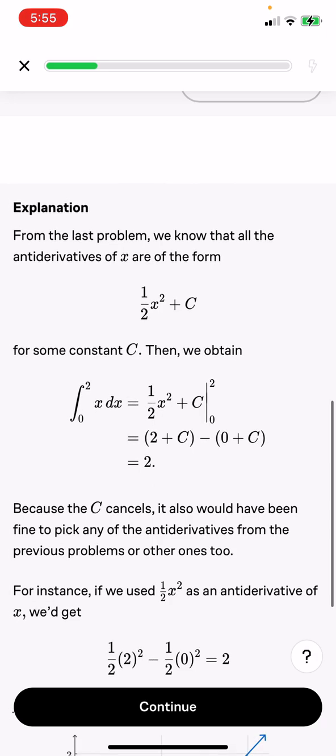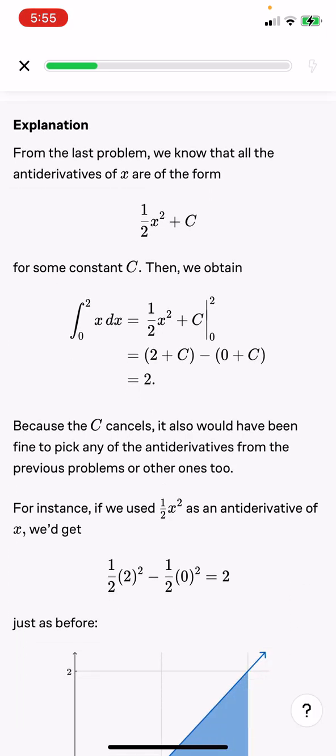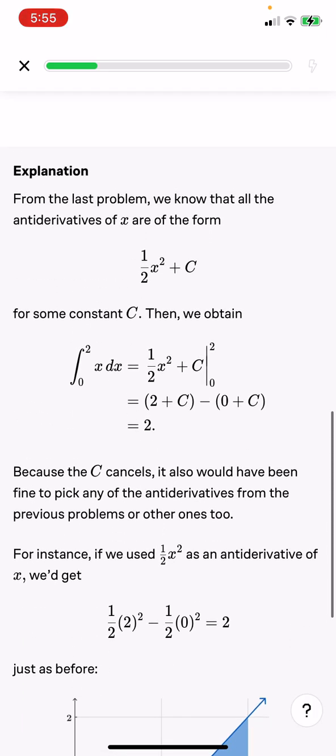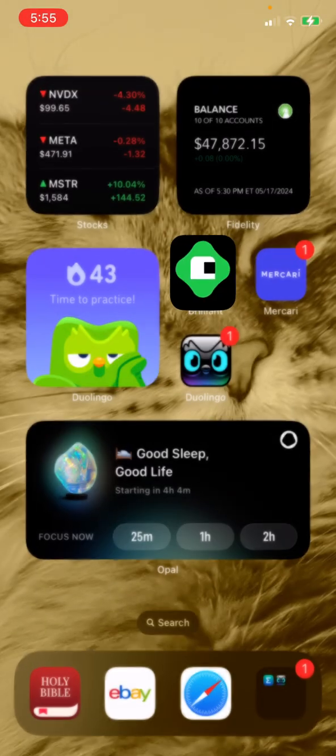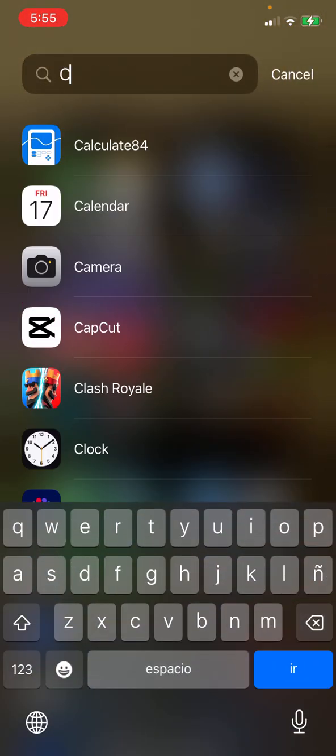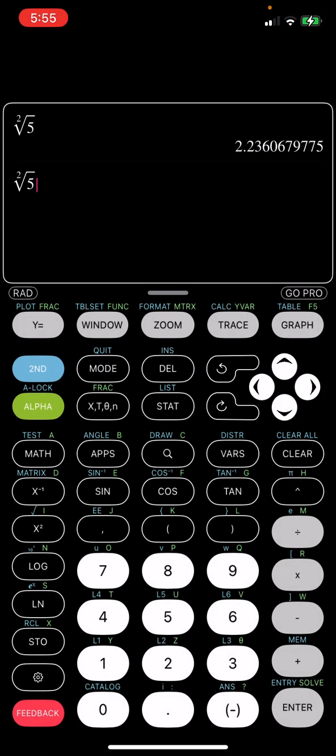Let me see why. Okay, sorry. For the last problem, we know that the antiderivatives of x are of the form 1 over 2 x squared plus c. Let me get a calculator quickly.